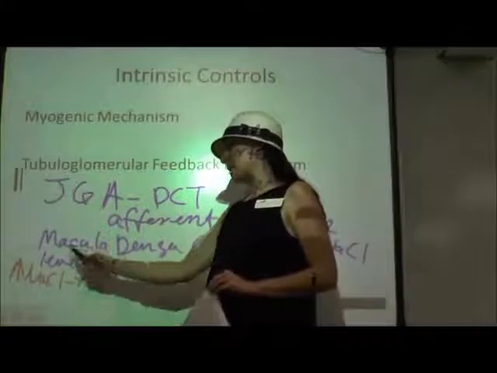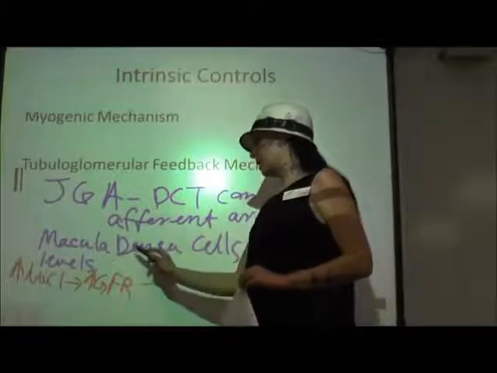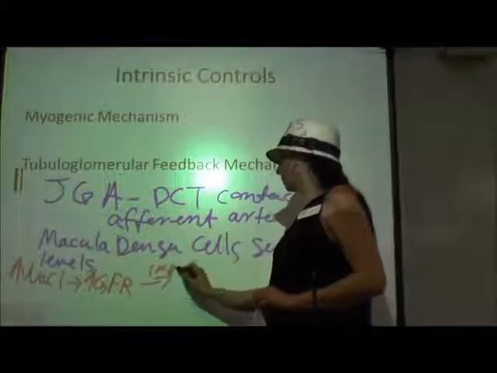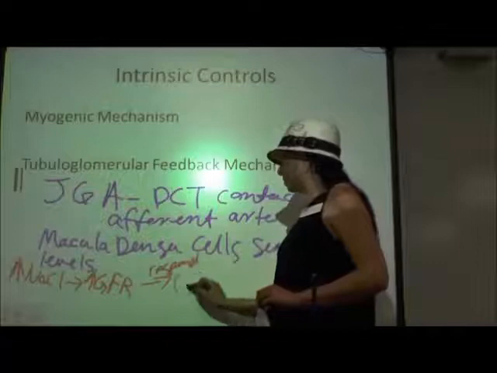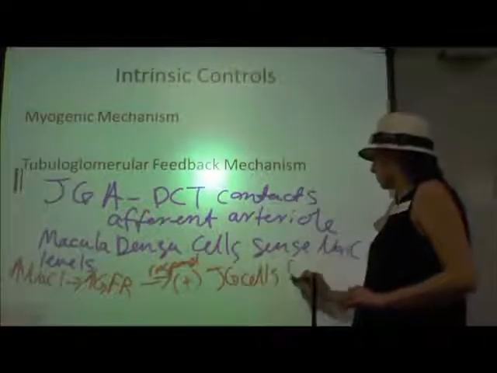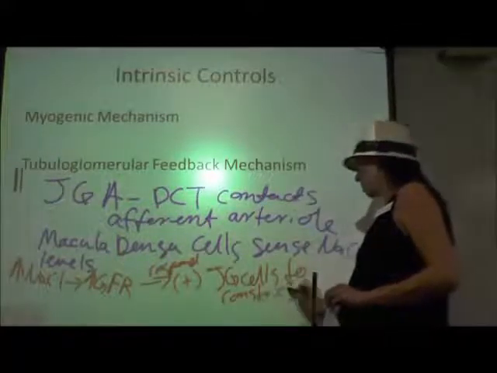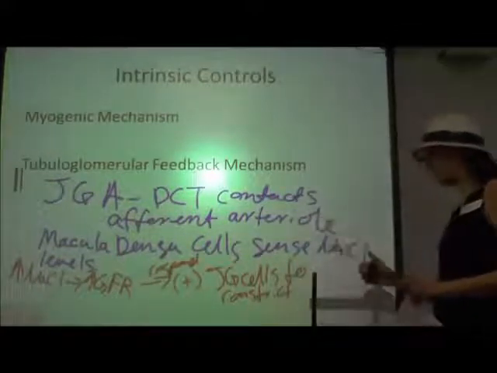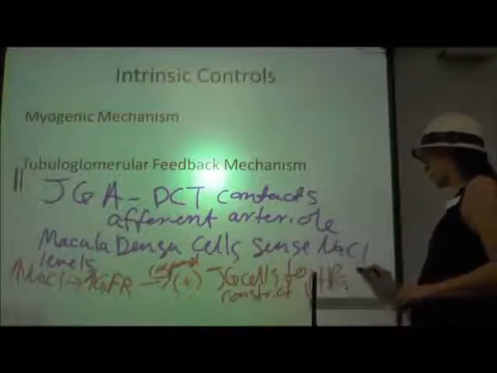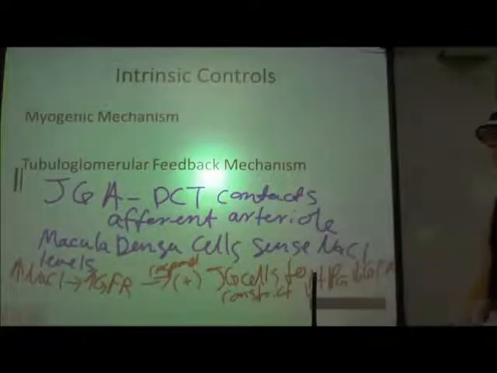So if we have this increase in sodium, this is indicative of an increase in glomerular filtration rate, so we're going to respond by stimulating the JG cells to constrict. If they constrict, we decrease the diameter. We're going to decrease our hydrostatic pressure in the glomerulus, which will decrease our glomerular filtration rate and bring us back to homeostasis.